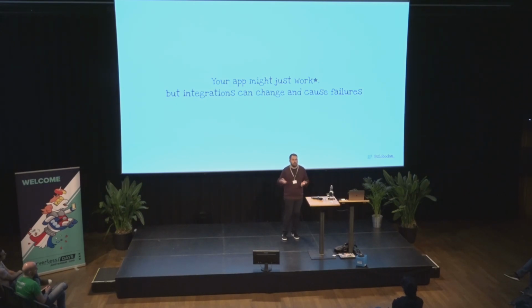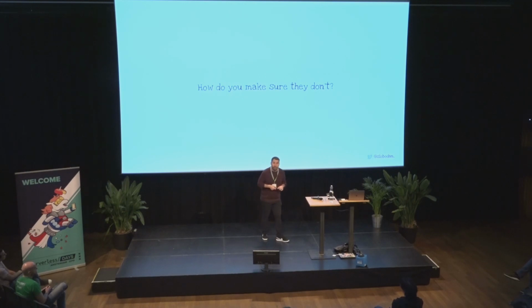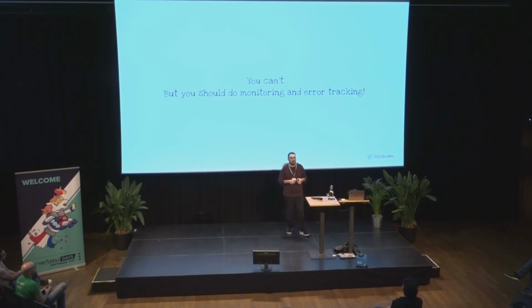So your function is working, but the integration between your service and some other service stopped working. So how can you prevent those things? Well, basically you can't. You can't make all the integrations work the same way that they've worked. But what you can do is continuous monitoring and error tracking in your application.